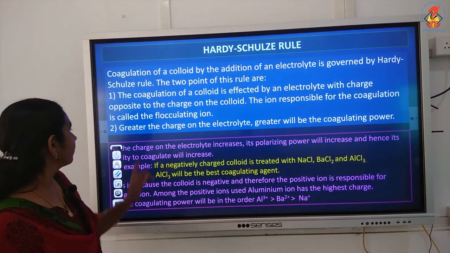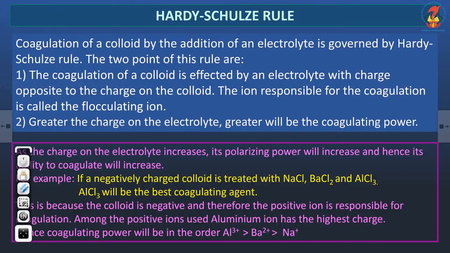So, according to the Hardy-Schulze rule, the greater the charge on the ion, the greater the coagulating power. The ion responsible for the coagulation is known as the coagulating ion or flocculating ion. If the colloid is negatively charged, the coagulating ion will be positive.